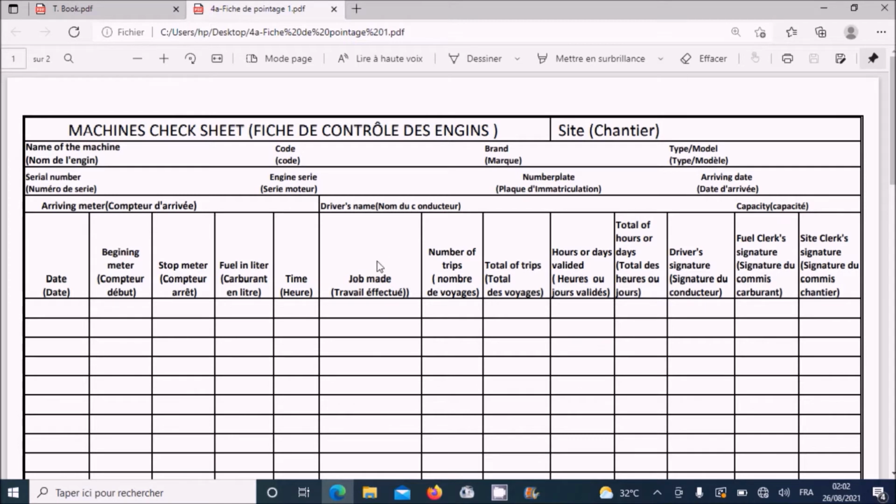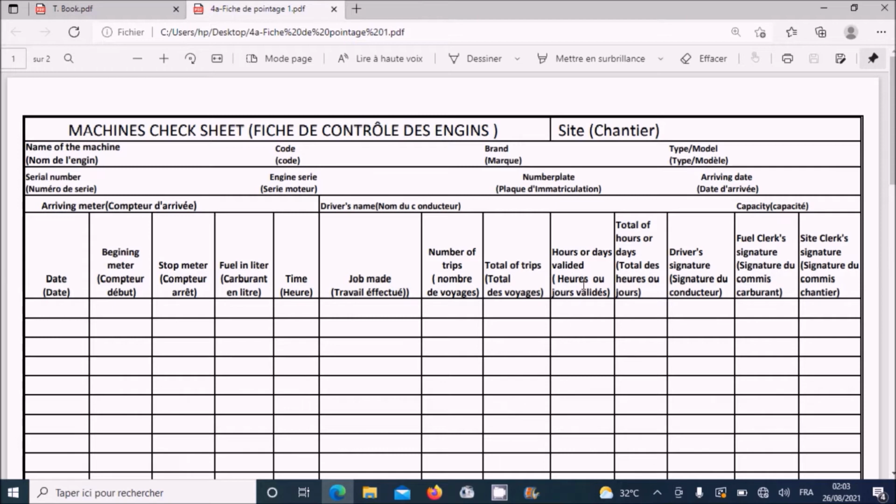Here we have the job made. Here we have the number of trips, if it concerns the trucks, but for the dozers, graders, loaders, it will be difficult to specify them. Here we have the total of trips. Here we have the number of days or hours validated.